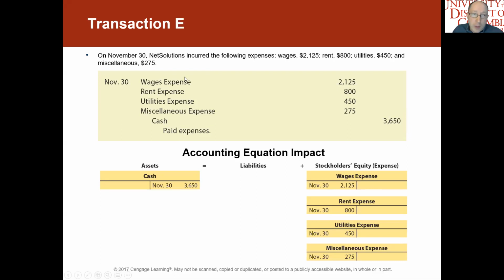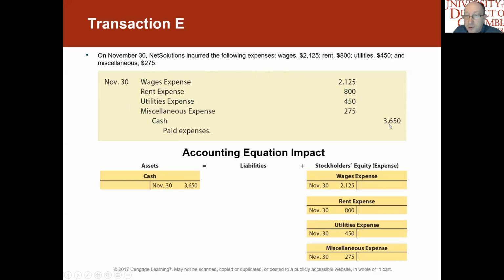And so to record that transaction, we have November 30th, the date, wages expense, rent expense, utilities expense, miscellaneous expense. These are all our debit accounts because those are all of our expenses. We need to increase them. So we debit our expense accounts $2,125, $800, $450, $275, and then we credited our cash by $36.50.